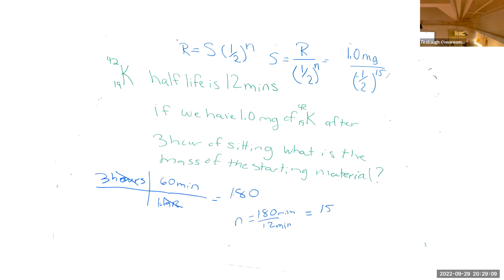So if we plug in 0.5 to the 15th power, and essentially we have 1, so we have 0.5 x^y 15, and then we take the. Sorry. 32.